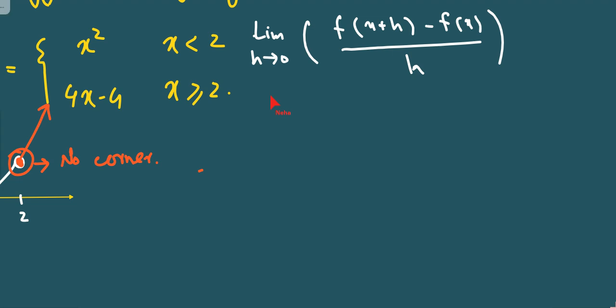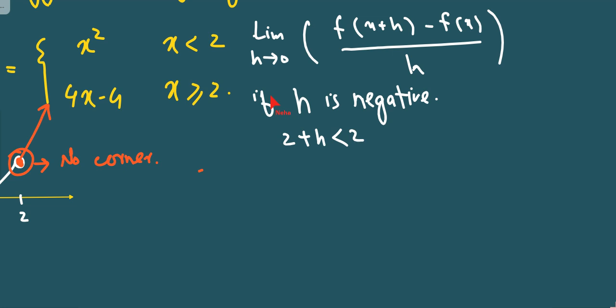Again, by the same method, if h is negative, that means 2 plus h is lesser than 2, right? So I have to take the side in which I get a term lesser than 2. So this function will work.